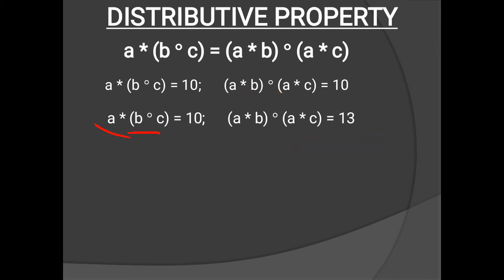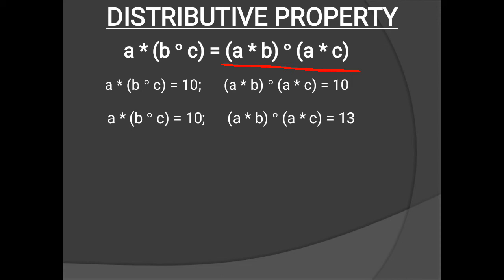And always, how do we do it? I've already said it is done by picking the first one, in this case this one, using the given operation, the given definition to solve. Then you pick the second one, the expansion side. After the distribution has been done, you use the same definition or rule to solve.